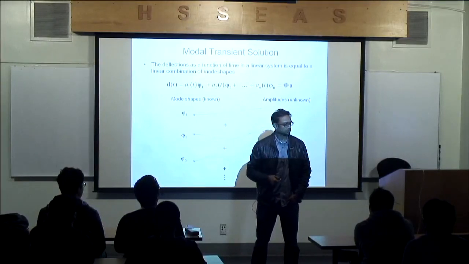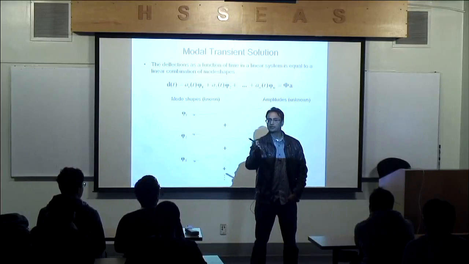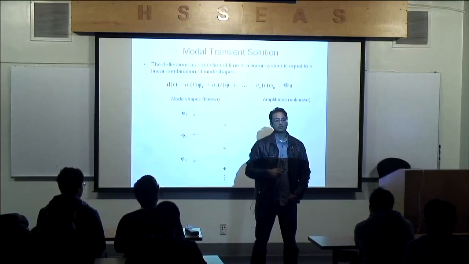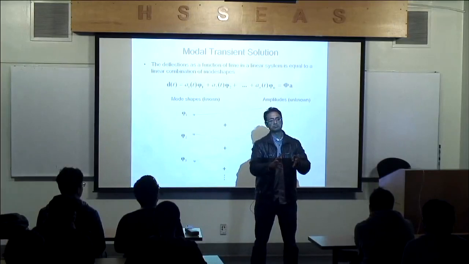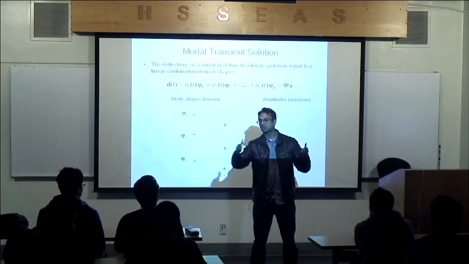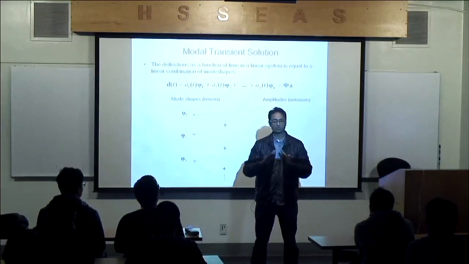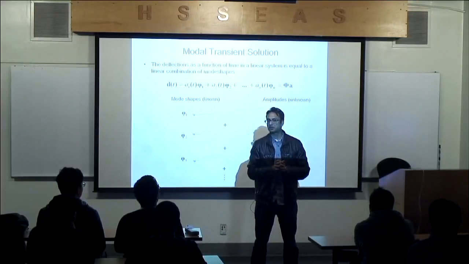What if I calculate the frequencies and mode shapes of that 1 million degree of freedom system up to the modes that I care about? Say I want to compute them up to 200 hertz, because I think that's what's relevant to the problem. Maybe, you know how many eigenmodes and frequencies I could have?